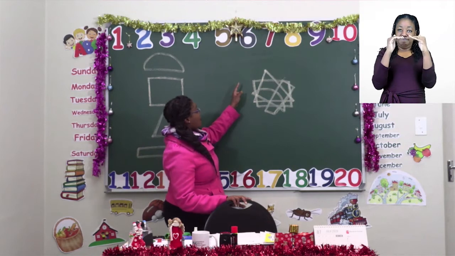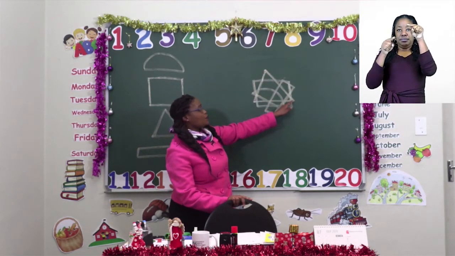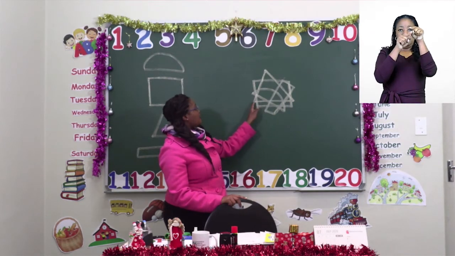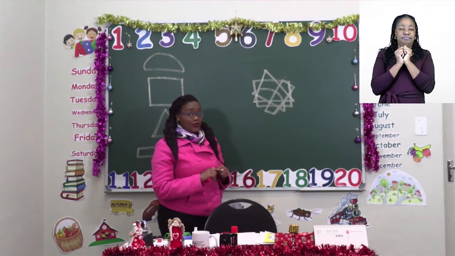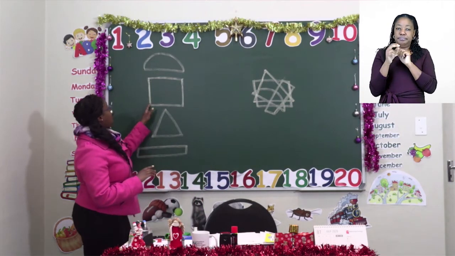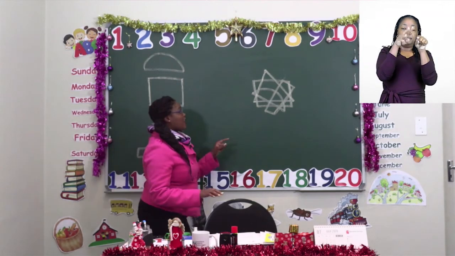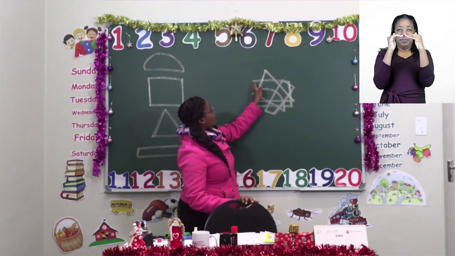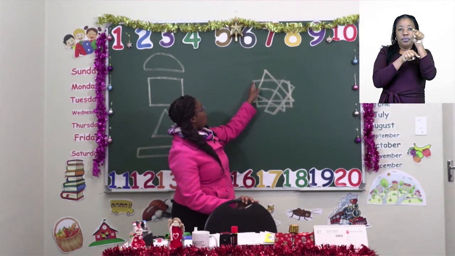Let's try another direction. 1, 2, 3. It seems like it only has 3 sides, so it is not the shape we're looking for. Because remember, a square has 4 sides. Let's try another place. 1, 2, 3, 4.